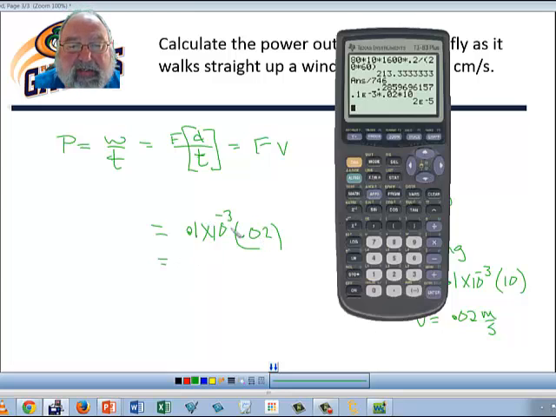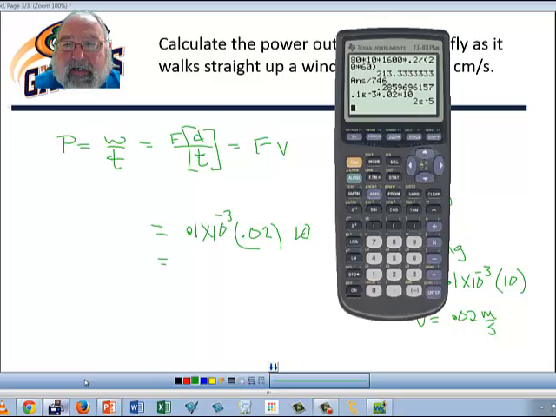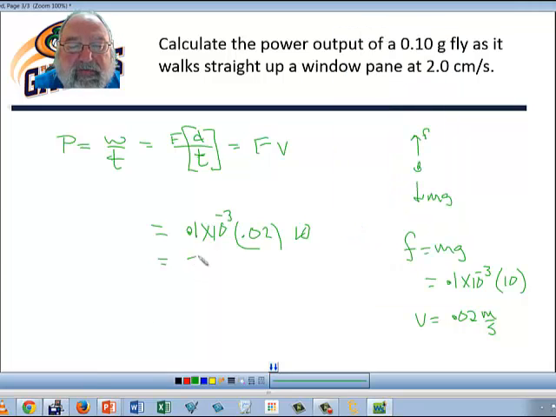So let's put the 10 in here just to make it for record purposes that I did it right. Okay, so that's 2 times 10 to the minus 5 watts. So not very much power. But then again, how much power do you need if you're a fly to climb a wall?